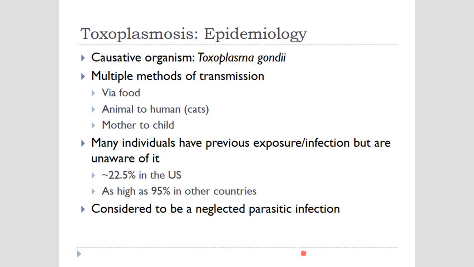In this case, those of us who are fond of or have pets like cats are more prone to this. That's why you have to have insurance for your pets and make sure that they don't carry it and don't transmit it to you. But nevertheless, if you're exposed to a situation and you're unaware of it, we have at least 22.5% transmission of toxoplasmosis in the US.